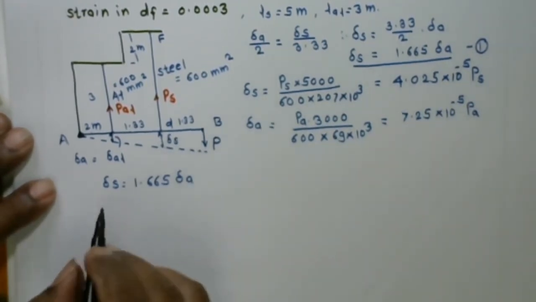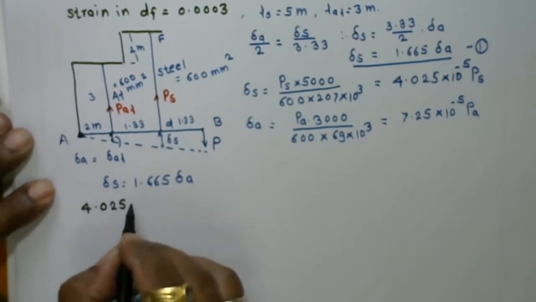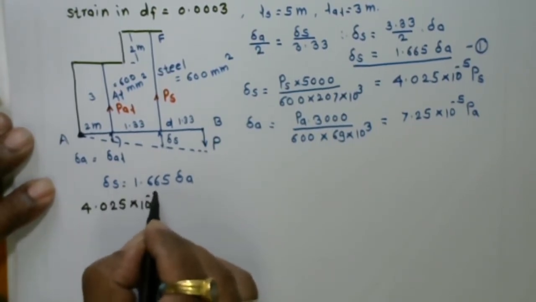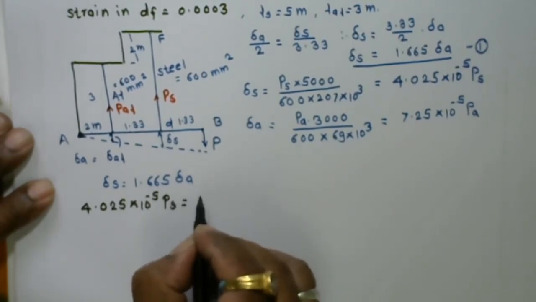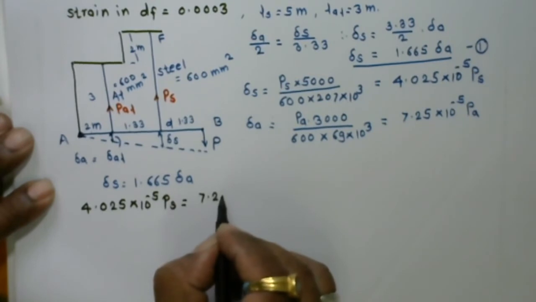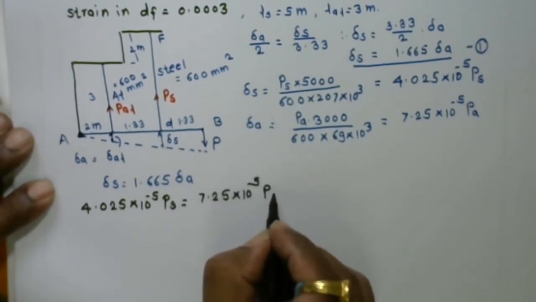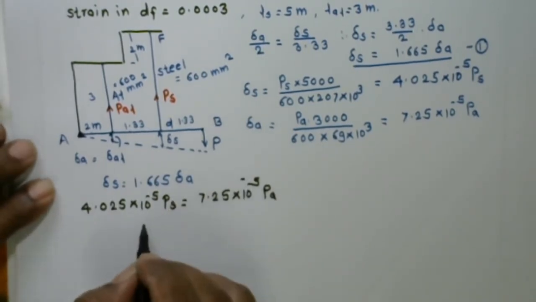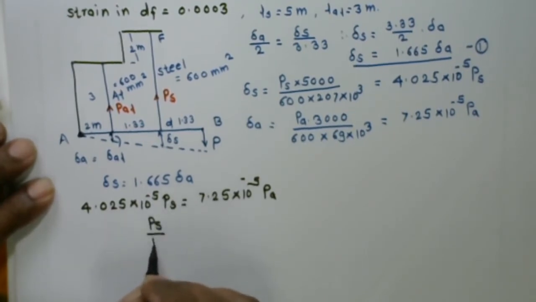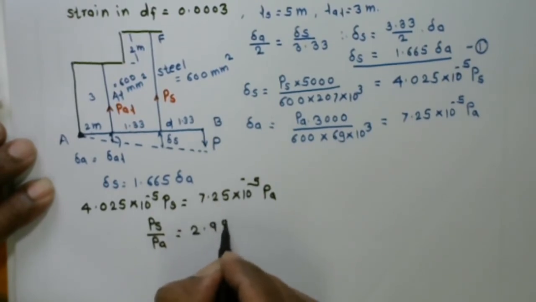So here delta S is equal to 4.025 into 10 raised to minus 5 PS is equal to 7.25 into 10 raised to minus 5 PA. So we will get the relationship between that PS upon PA is equal to 2.99.